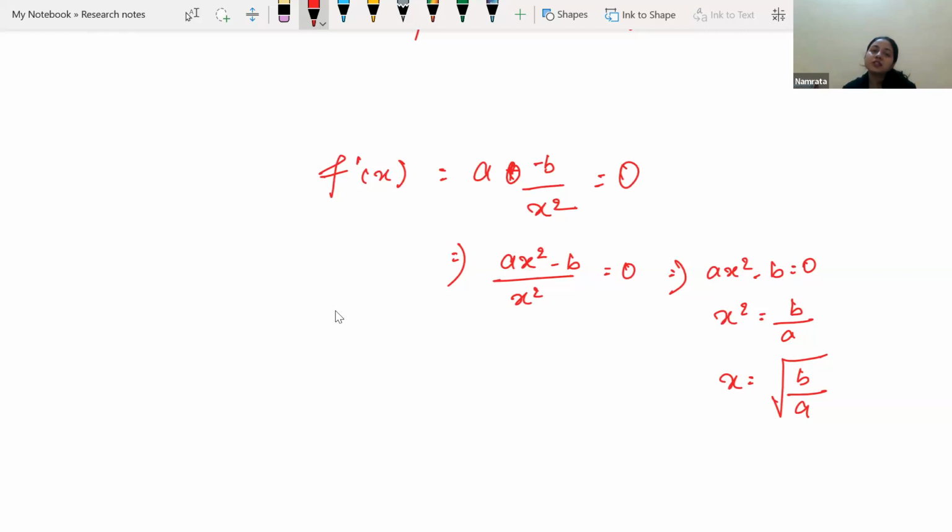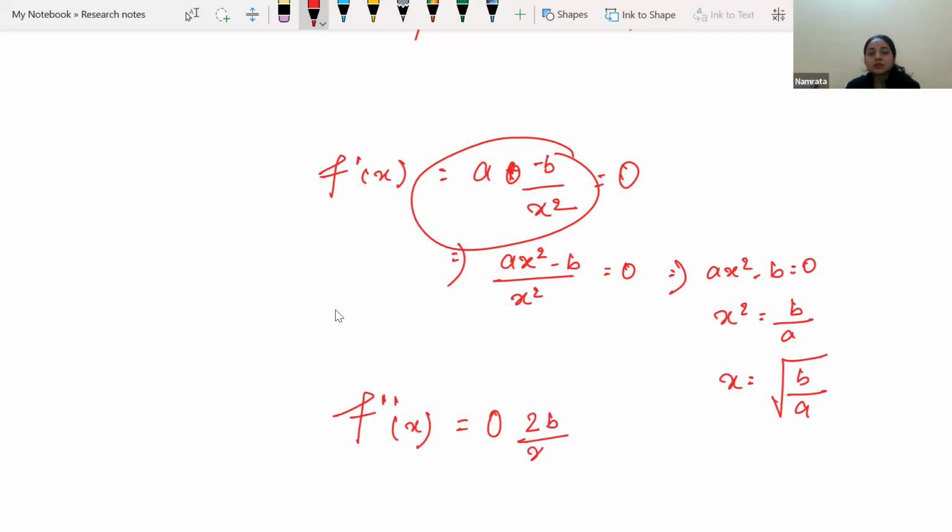If the first derivative test fails, then the second derivative test. I have f double dash x. We will be differentiating this one directly because a is there and it will be easier. a is 0, minus b by x square will become plus 2b by x cube.